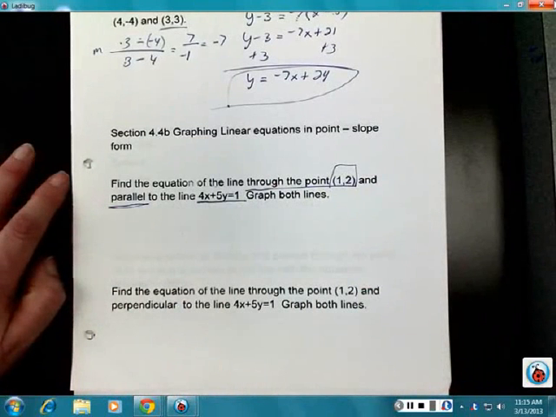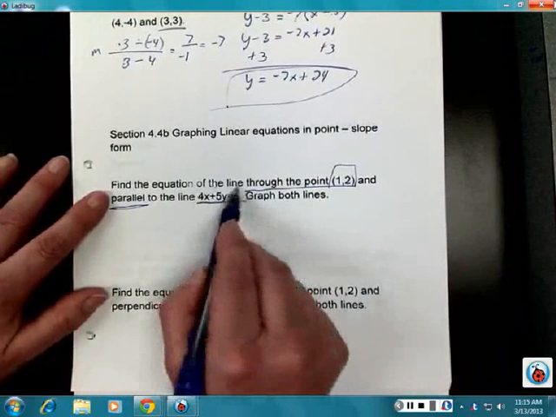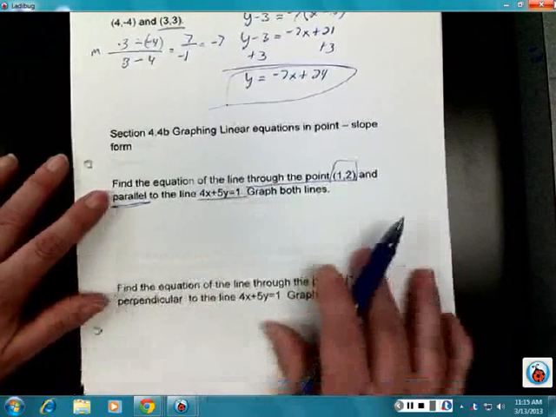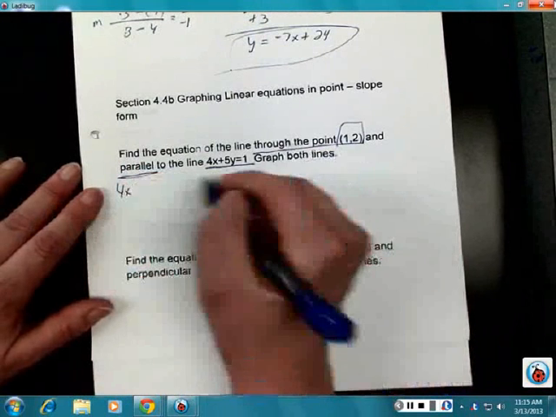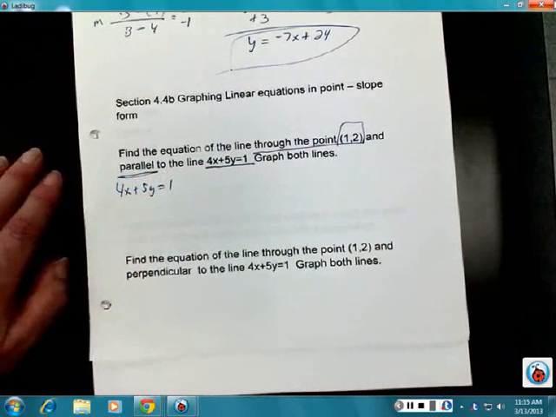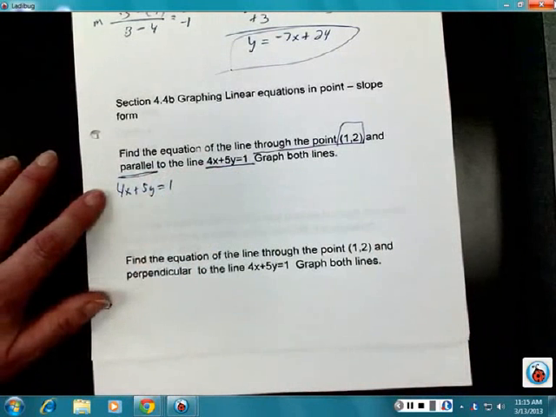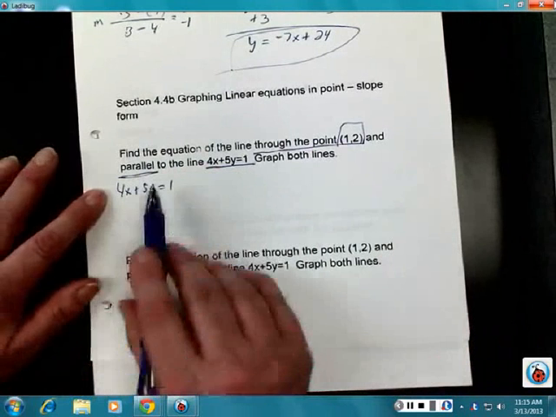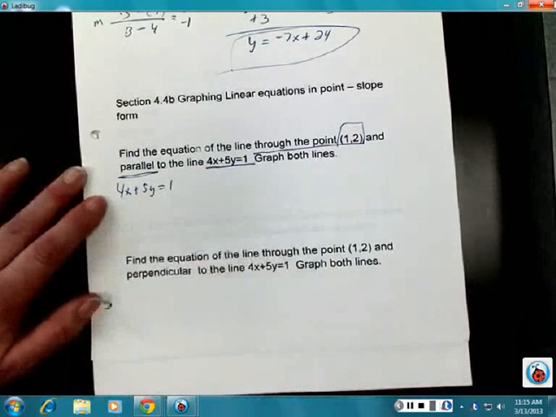So what in the world does all that mean? Well, if I look at this equation right here and solve it for y, I can find out what its slope happens to be, and that's the key, because I want the new line to be parallel through that point. So what's y going to equal?